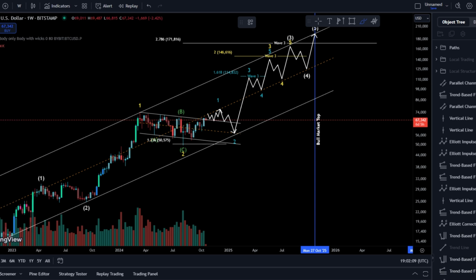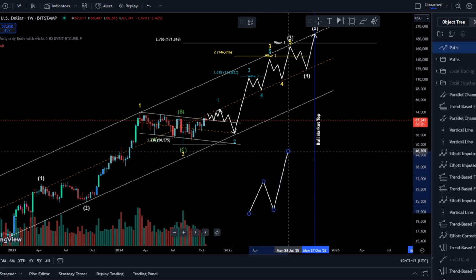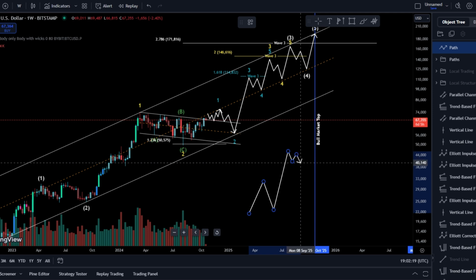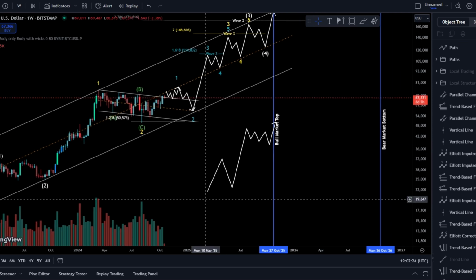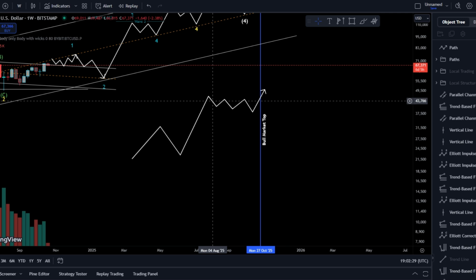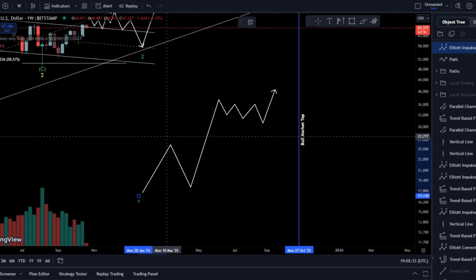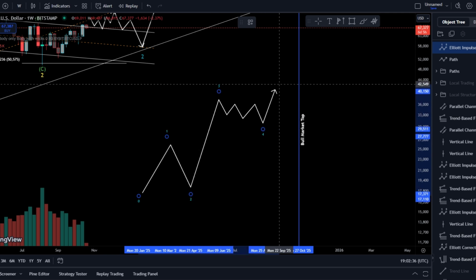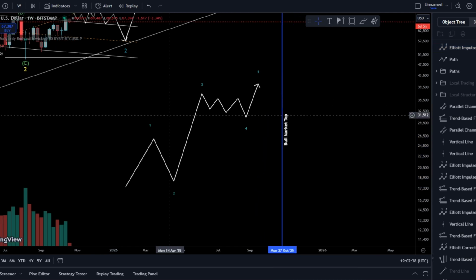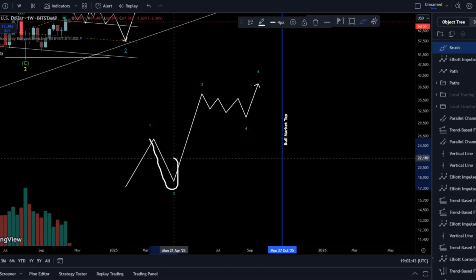So what that means is, say you have a classic 5-wave impulse, your wave 2, shown here, is very sharp and very deep of a correction.